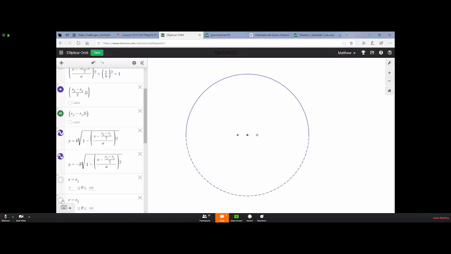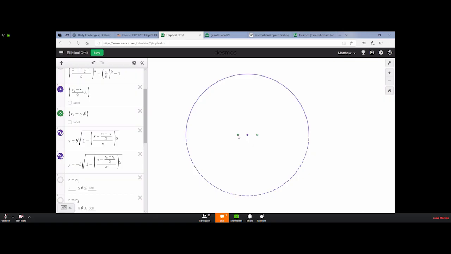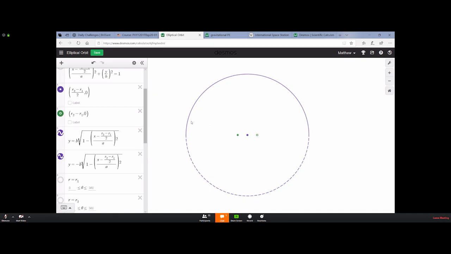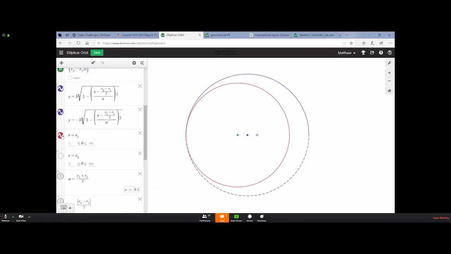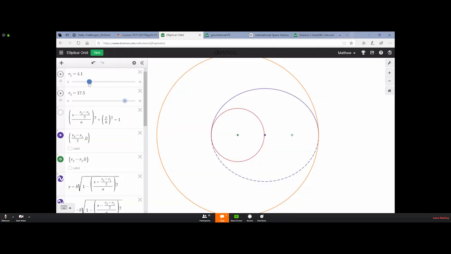Maybe I'll just take off some things for us to view. So we now need to talk about this path. We're orbiting the green dot, but this is the closest approach, perigee, and this is the furthest approach, apogee. Let's put some things back on here. What if you wanted to get out to something like this from something like this?